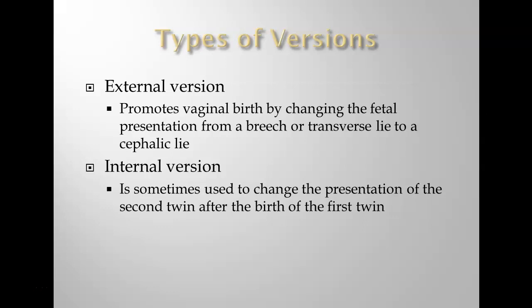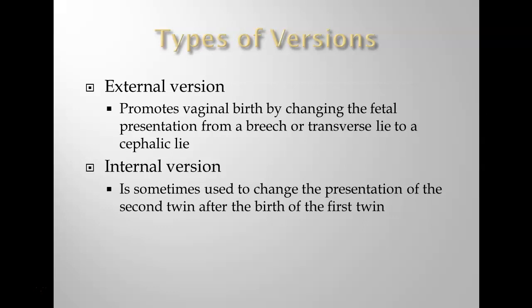And the doctor may give the mom something for pain or something to relax her uterus. And then he or she would turn the baby by using Leopold's maneuver to figure out where the head and the rump are, and simply try to turn the baby from the outside, making the baby do a somersault so they can get into a vertex position.